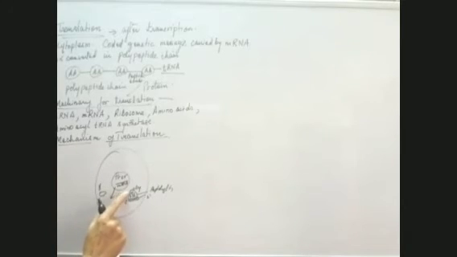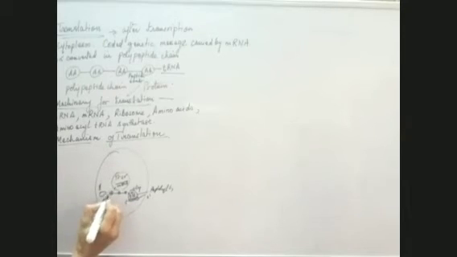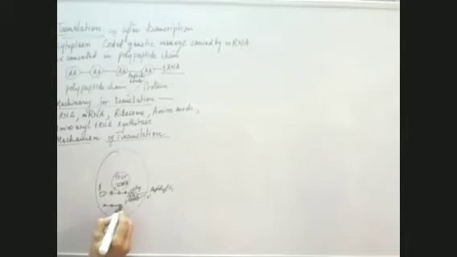Finally, a long polypeptide chain of different amino acids will be formed here, and all will exit through the exit site. Then the peptidyl transferase will terminate, the long chain will get terminated from this setup, and we will get a protein molecule.